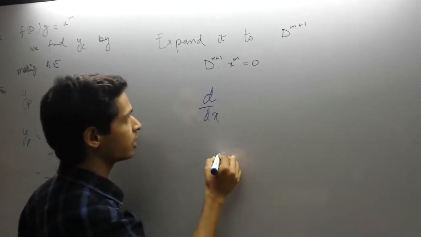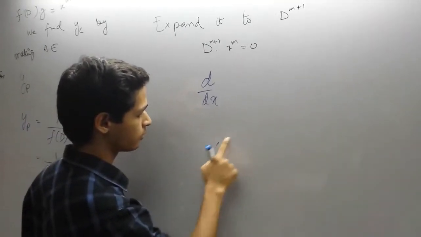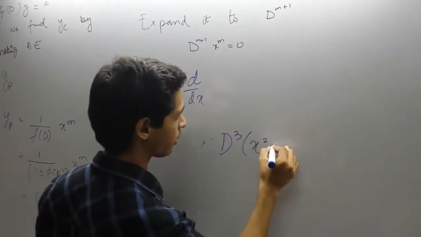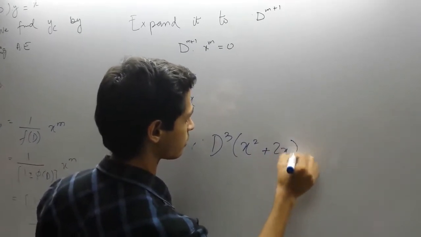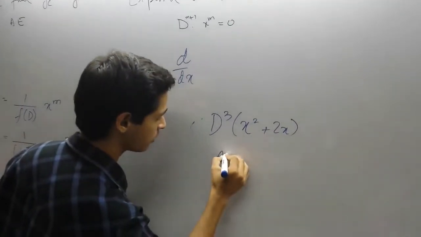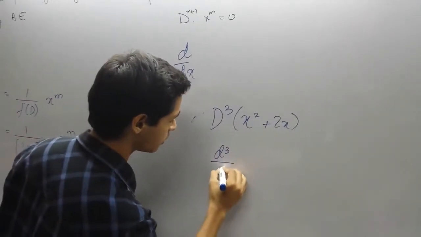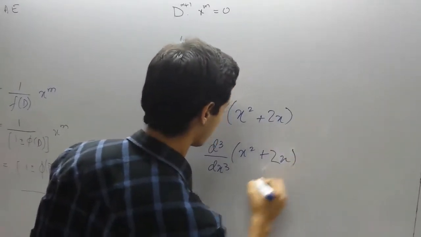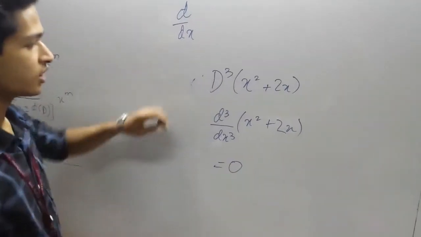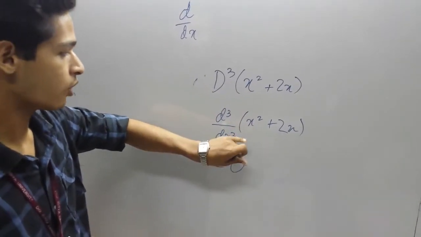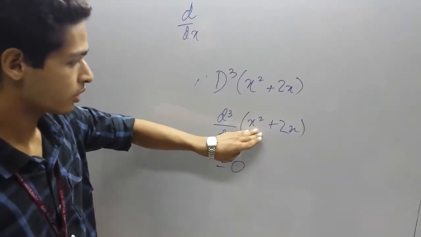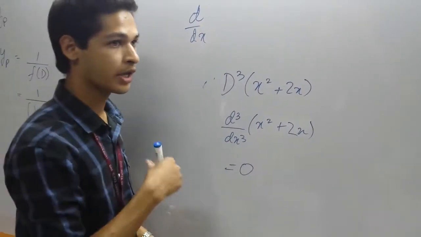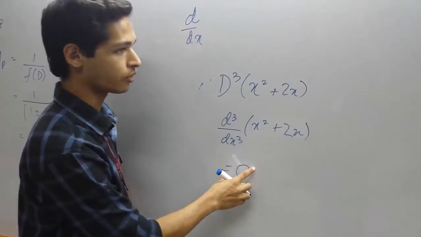For example, D cube into x square plus 2x means d cube upon dx cube of x square plus 2x. This will be equal to 0. This means that if the differential is of a higher order than the highest order of the algebraic expression, then the answer would be 0.